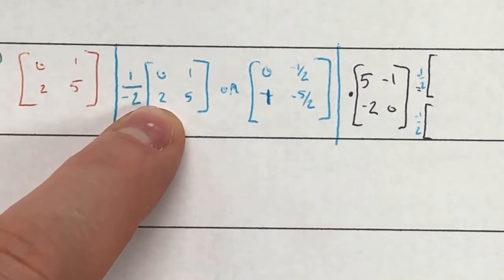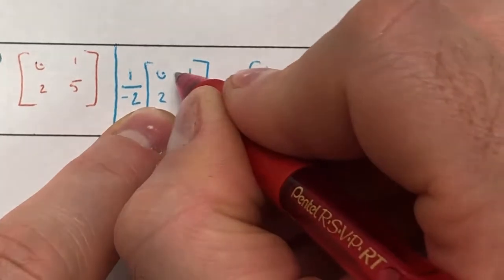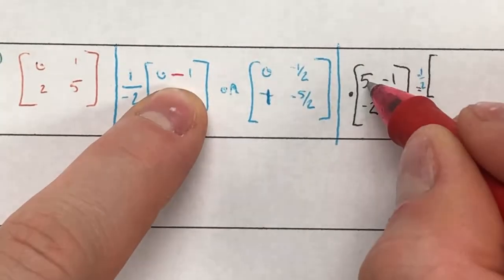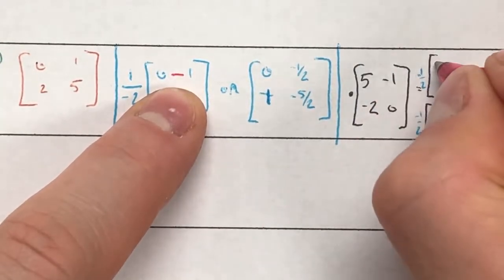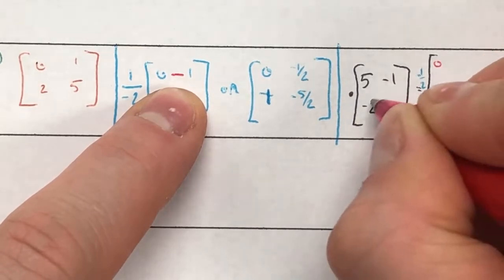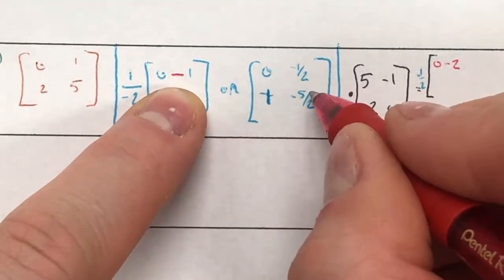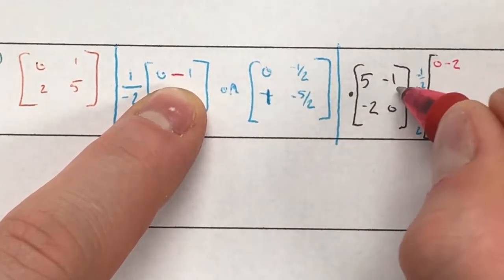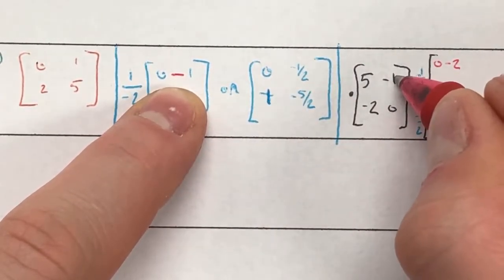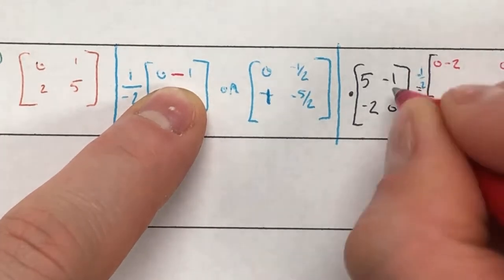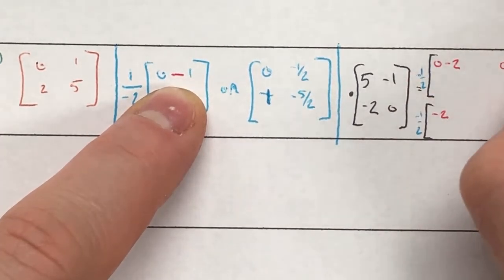And again, because we've already used some of these colors, top row is going to be red. So first, 0 times 5 is 0. 1 times -2 is -2. If I go to the second row, 0 times 1 is 0. 1 times 0 is 0.